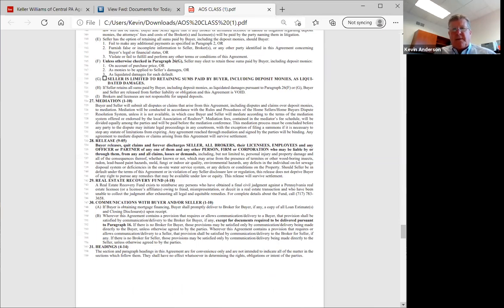paragraph 27 says that mediation exists through our local association of realtors. And the main thing to know here is that we agree to go to mediation before we go to court. Says buyer and seller will submit all disputes or claims that arise from this agreement, including disputes and claims over deposit monies, to mediation.